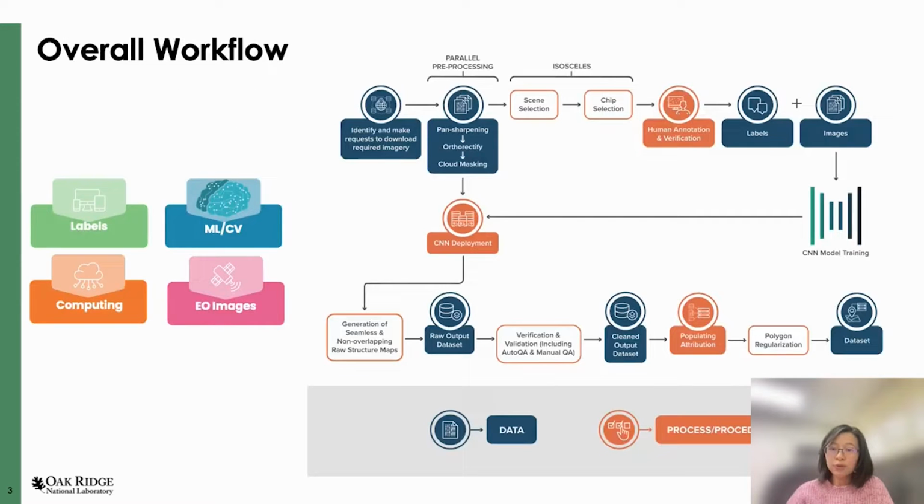This is the overview of the workflow we developed to build this dataset, starting with curating and pre-processing high-resolution satellite images, and then creating in-house labels to capture structures. Those labels are needed in building a convolutional neural network to map out those structures in images.